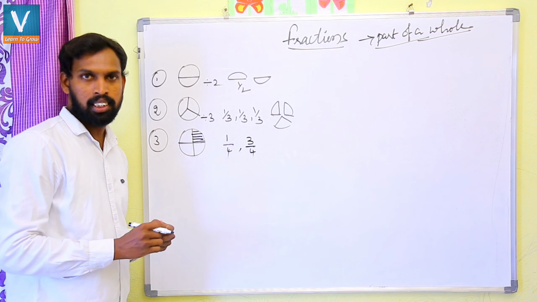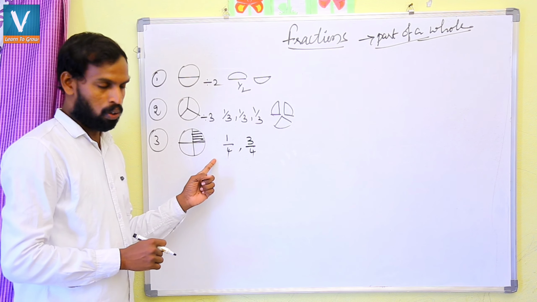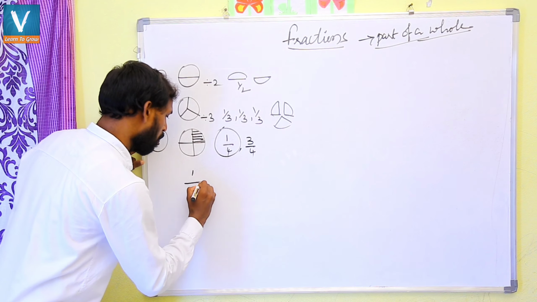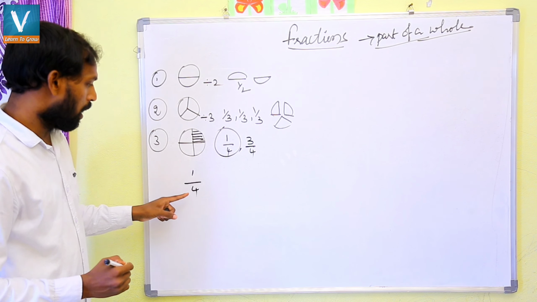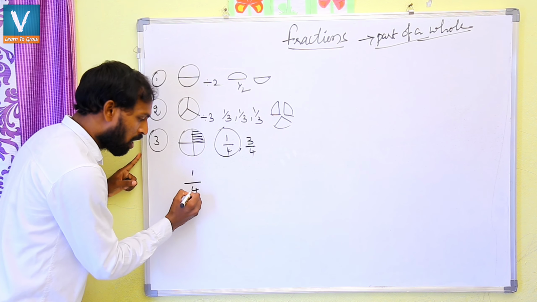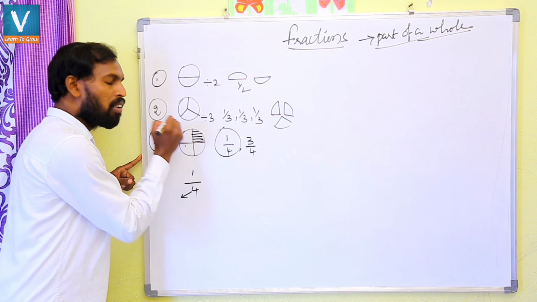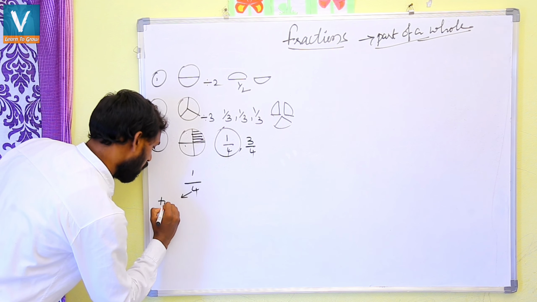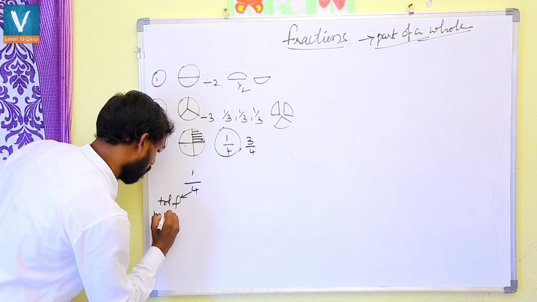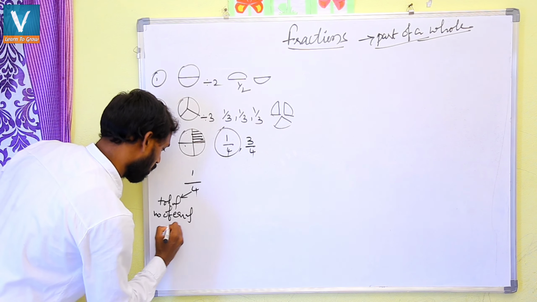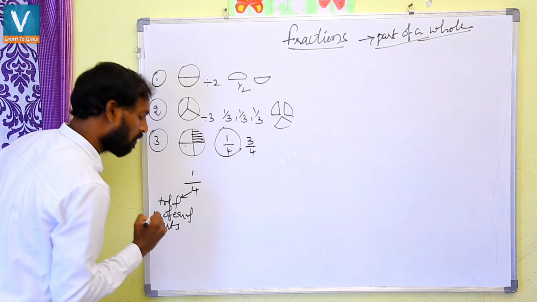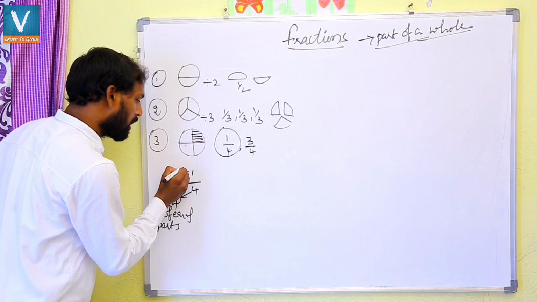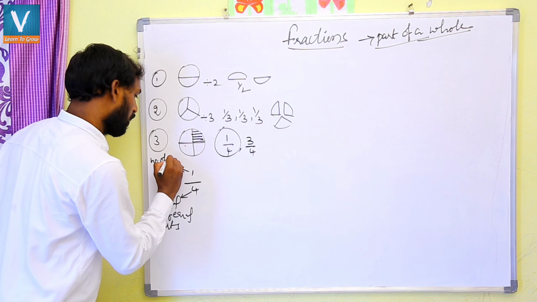Now first we will understand what 1 and 4, or 3 and 4, indicate here. I am taking 1 by 4. The bottom one indicates the total number of equal parts, nothing but the actual size of the pizza. The top one indicates the number of sharing parts. Even though I have 4, I am sharing only 1 with the first student. In the second case, I shared 3 pieces with the second student. So the top indicates the number of sharing parts and the bottom the total number of equal parts.